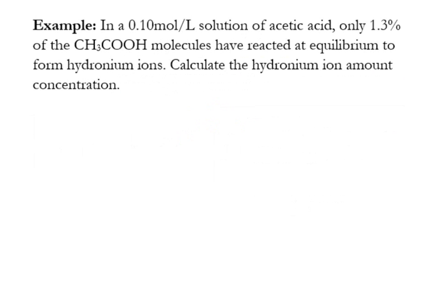Because really what tries to happen here is that the CH3COOH reacts with water and it breaks up into H3O plus and CH3COO negative. But this was not a permanent breakup. They got back together almost immediately. And I know that because I told you there's a 1.3% here.